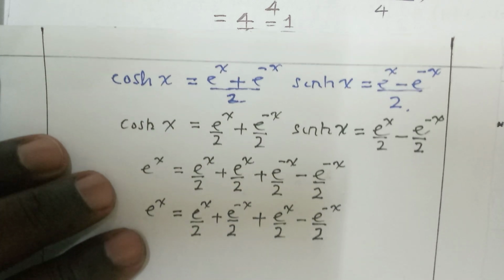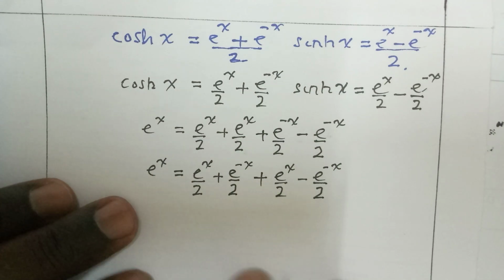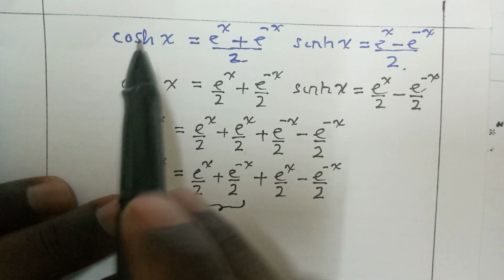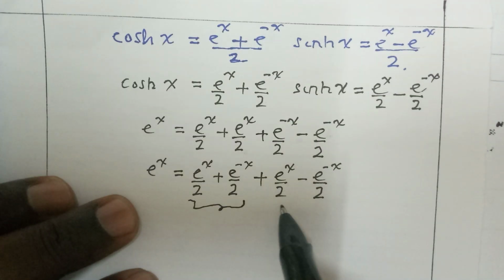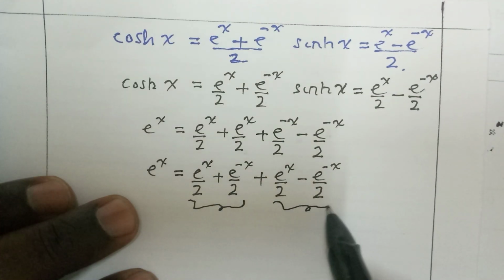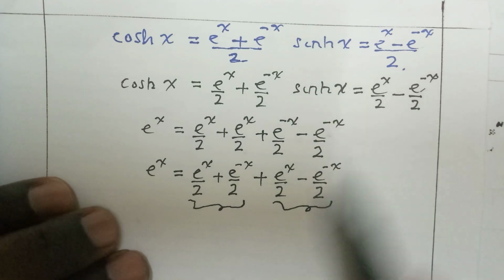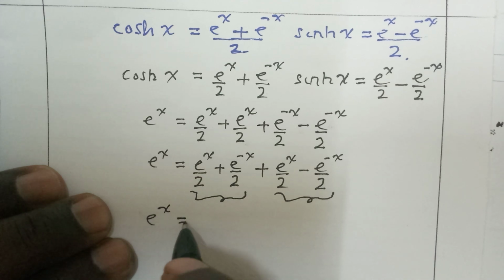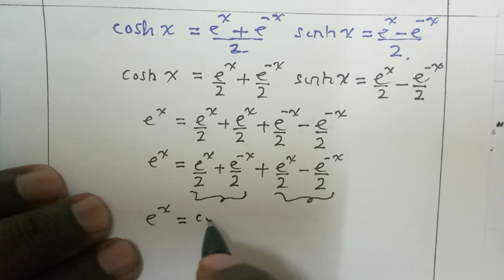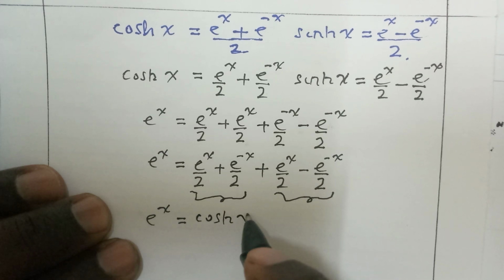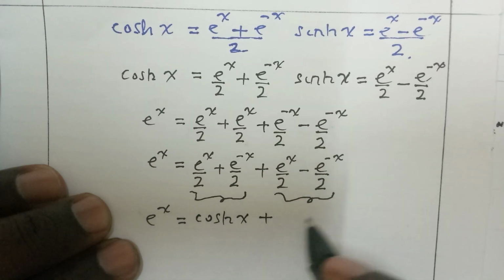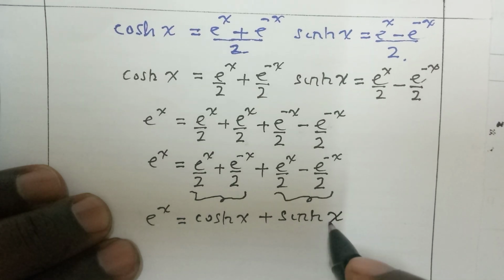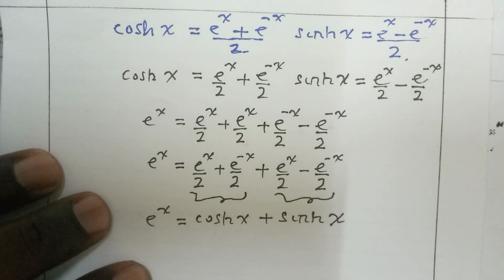Now guys, if you check that, you realize that this is cosh x and this one is sine hyperbolic x, and so therefore guys, we will have e raised to x being equal to cos hyperbolic x plus sine hyperbolic x. And so guys, this is our answer.